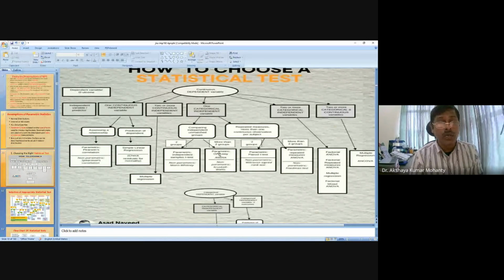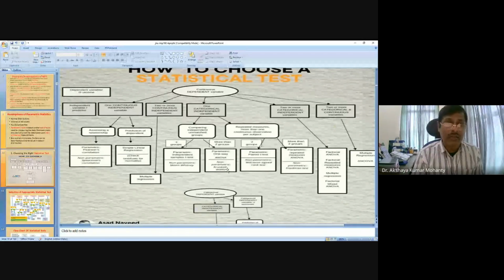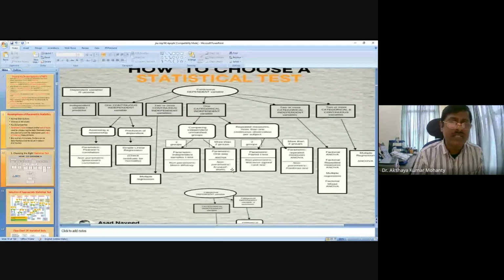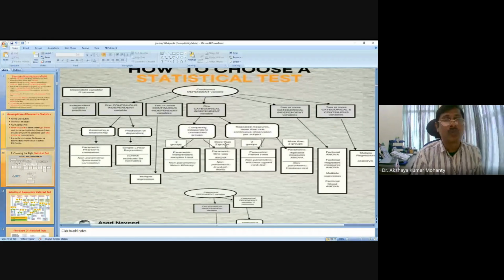So here you have to use the one-way ANOVA test if more than two. And if it is non-parametric, then you can go for the Kruskal-Wallis test. So now you have the four options: 1, 2, 3, 4, and these four options will be chosen based upon the two basic divisions, whether it is two groups or more than two groups.